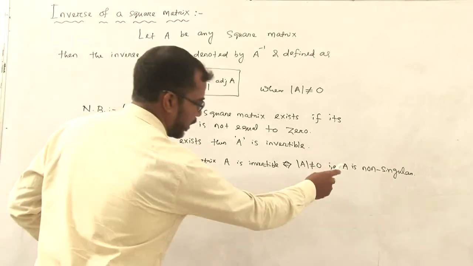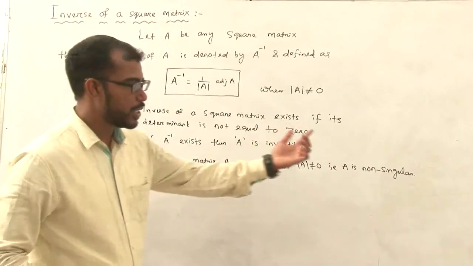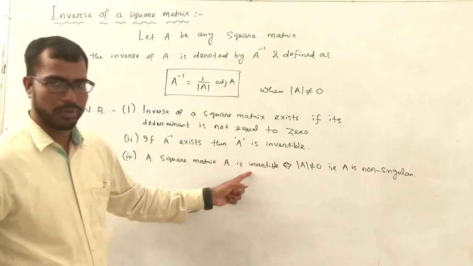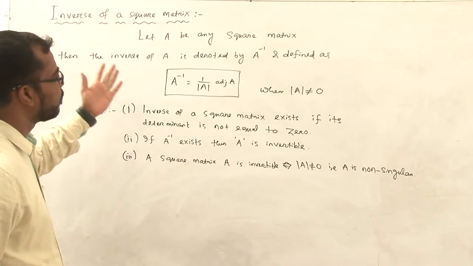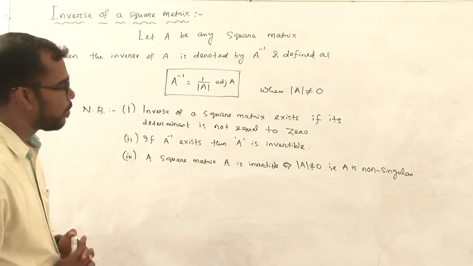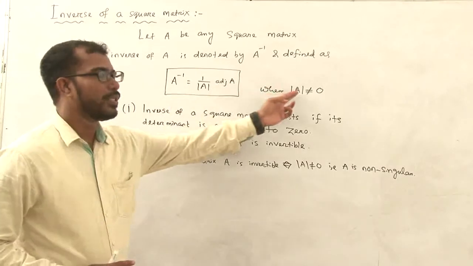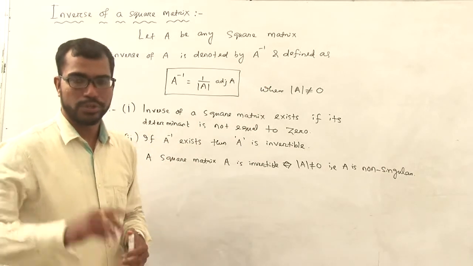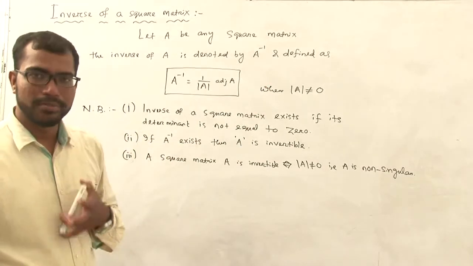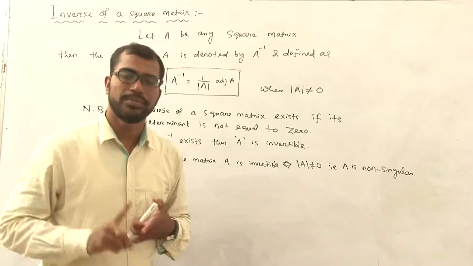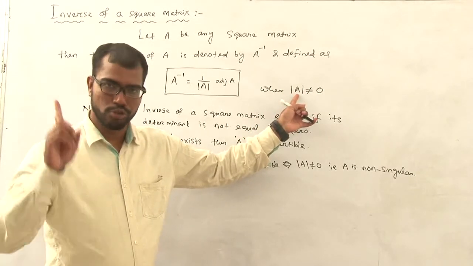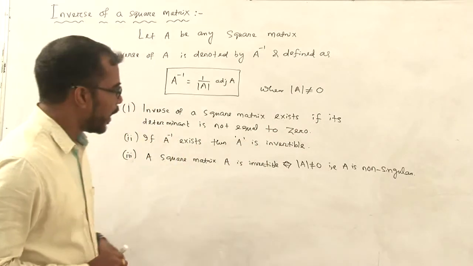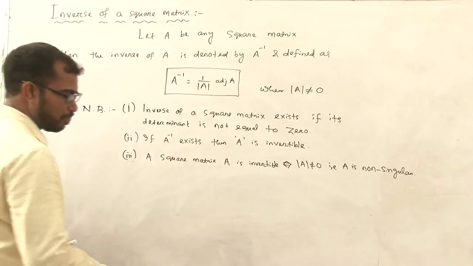So non-singular is the same as invertible. So if we evaluate the inverse of a matrix, first we have to find whether its determinant is 0 or not. So let's take an example.